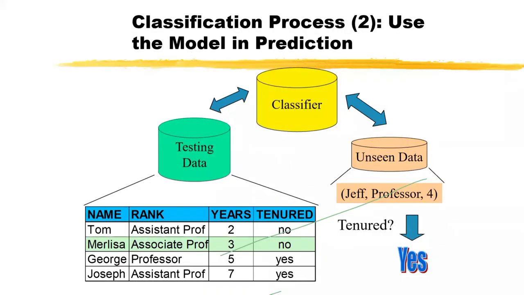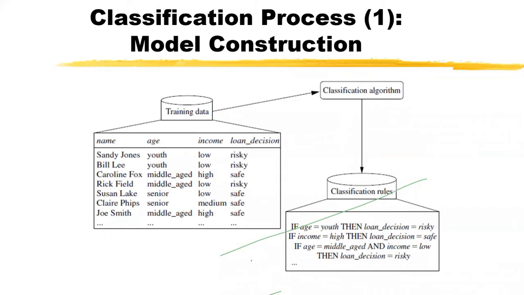Once we have trained our model and generated that rule, they give us test data. We can use it to check if a professor is tenured or not, as the case may be. That is how the system works. It could even be a more complicated system, but they follow the same procedure. You have the training set, with age such as youth, and income such as low.